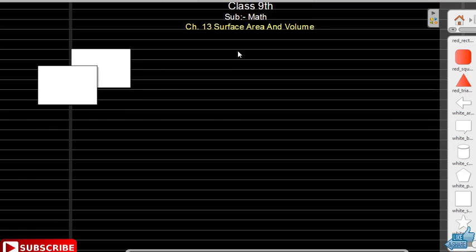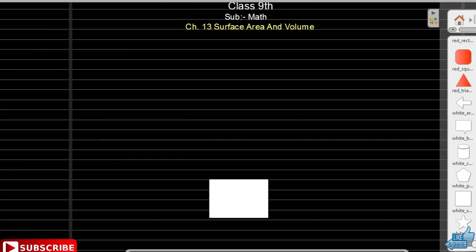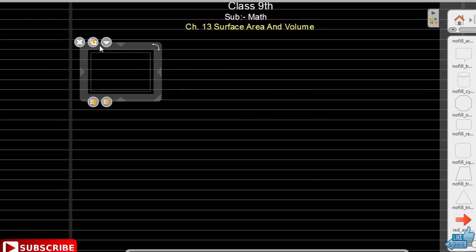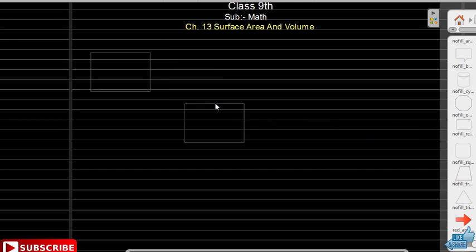Suppose that this is our cuboid, or I will just make it very clear. This is our cuboid.